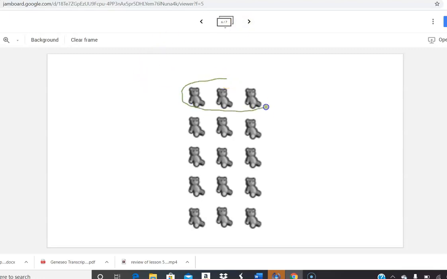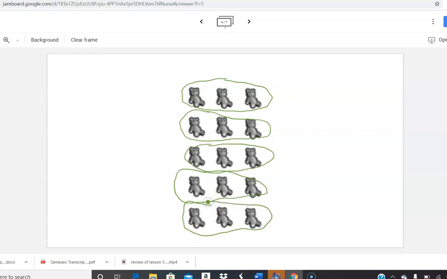We have 1 row, 2 rows, 3 rows, 4 rows, 5 rows. There are 5 rows of 3. There's 3 in this row, 3 in this row, 3, 3, and 3.